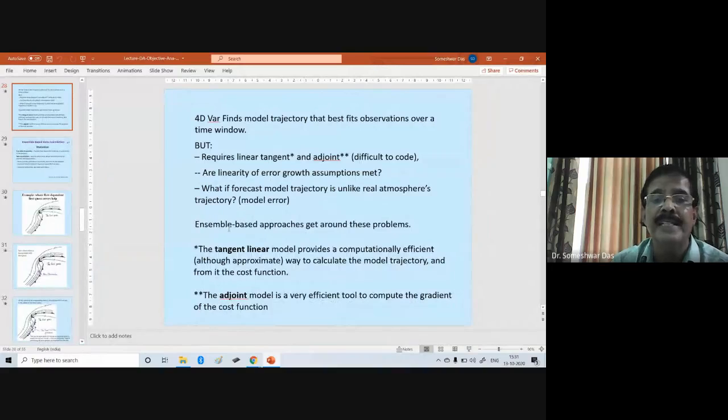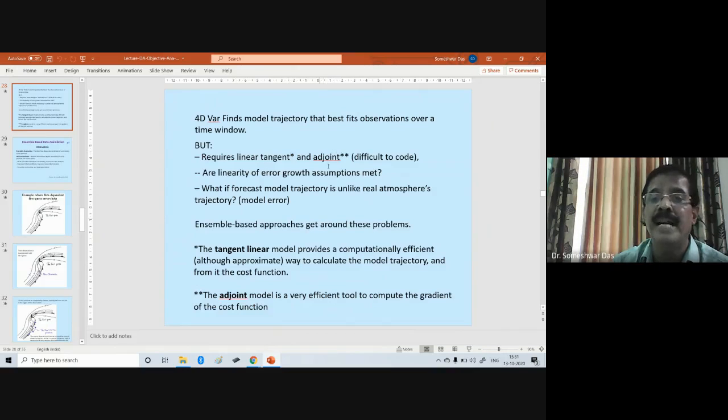So nowadays, people who have very good computational facilities use an ensemble-based approach. The tangent linear model provides a computationally efficient, approximate way to calculate the model trajectory, and from it the cost function.